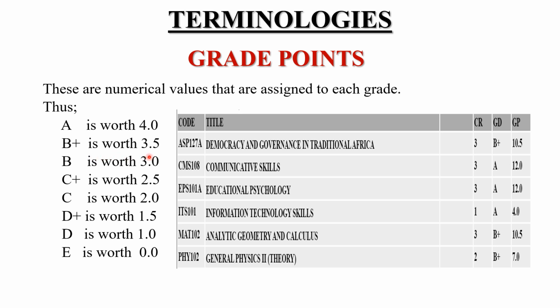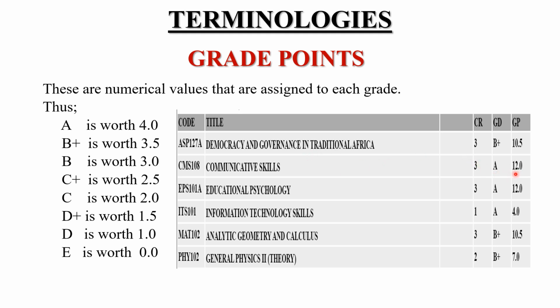So to know the grade point for ASP 127, we are going to multiply the credit by the numerical value associated with B+, that is 3.5. And so 3.5 times 3 is what we have here as 10.5. This explains to us that to each course, there is a grade point.